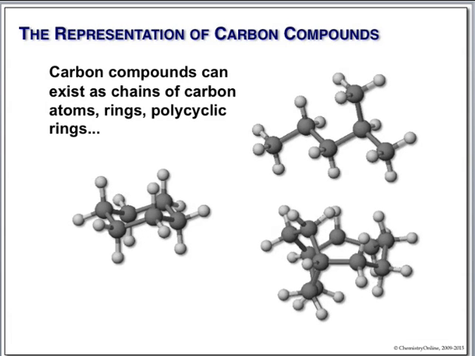All right, let's talk about carbon compounds. These are some carbon compounds. The interesting thing about carbon is it forms chains with itself and with other things. And so you can have immense variety in carbon compounds.